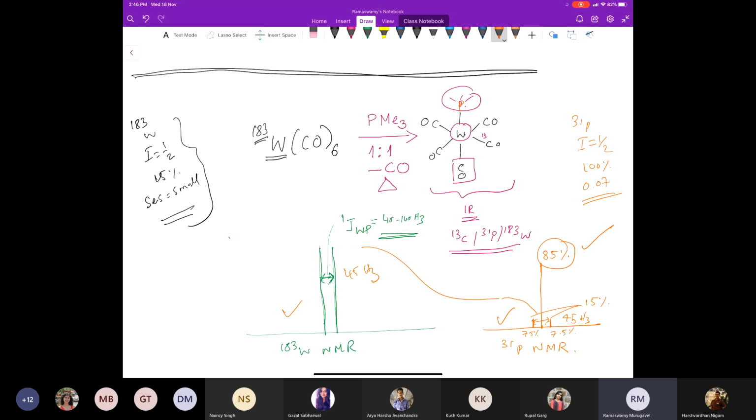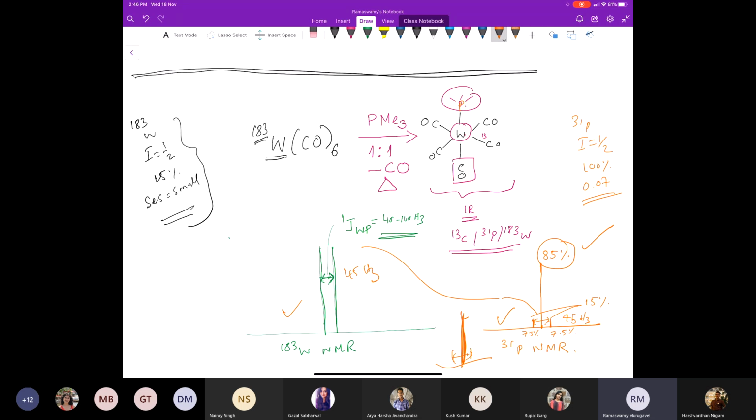The chemical shift is the same whether it is isotopomer A or isotopomer B, because the doublet's chemical shift coincides with the 85% peak. So the chemical shift is same, but one species has a doublet, the other has this.